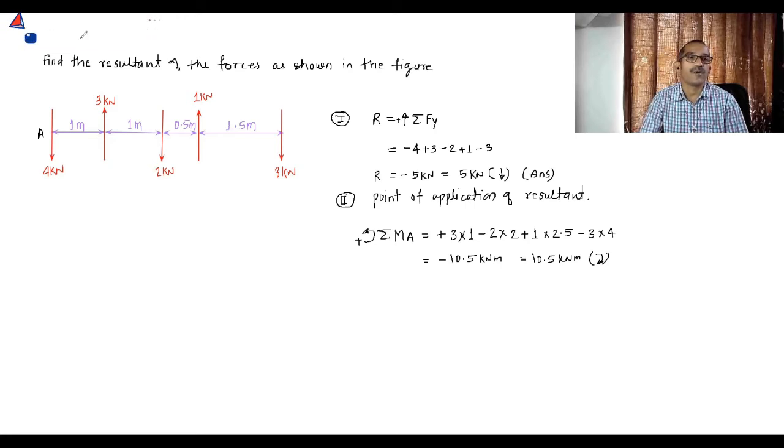For that I'll draw a horizontal line, and name the point on the left side as A. Now you have to concentrate on the direction of force and direction of moment. The 5 kilonewton resultant is acting in downward direction. That means with respect to A, I'll represent this resultant in downward direction at some distance from point A. The direction of the resultant will never change.